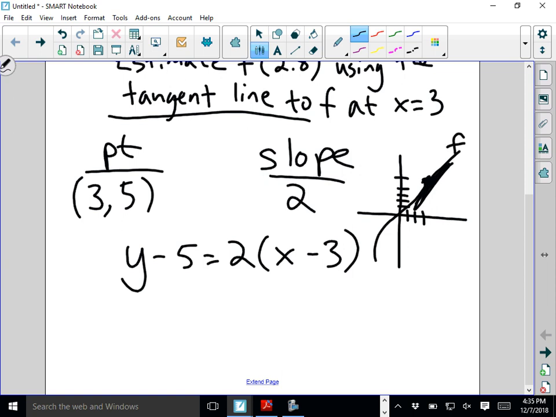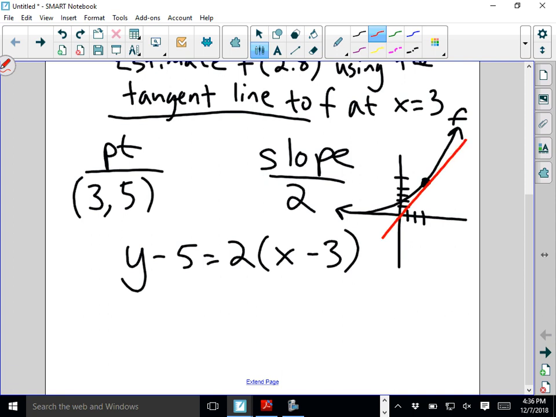Let me redraw that picture real quick. So maybe f looks something like this. Okay. What I know is the equation, sorry, of the tangent line right here.